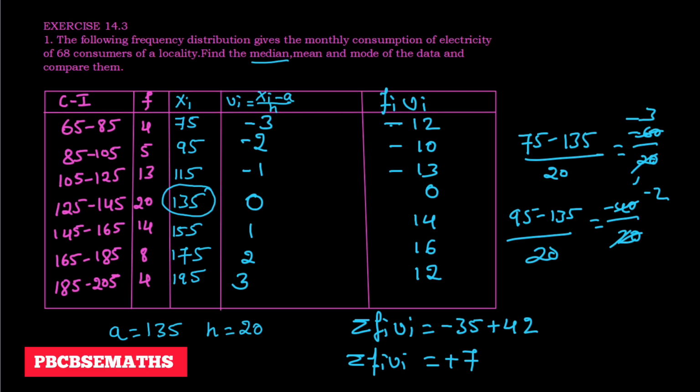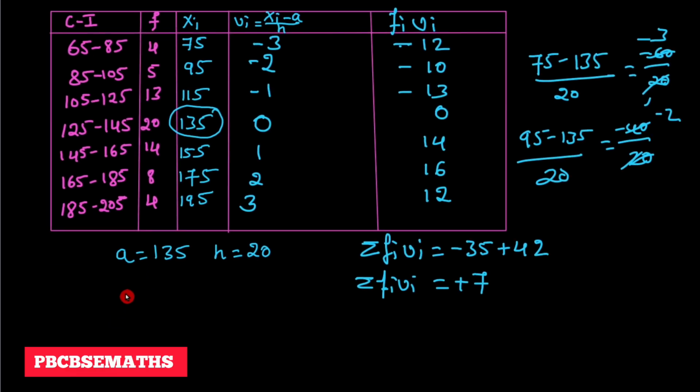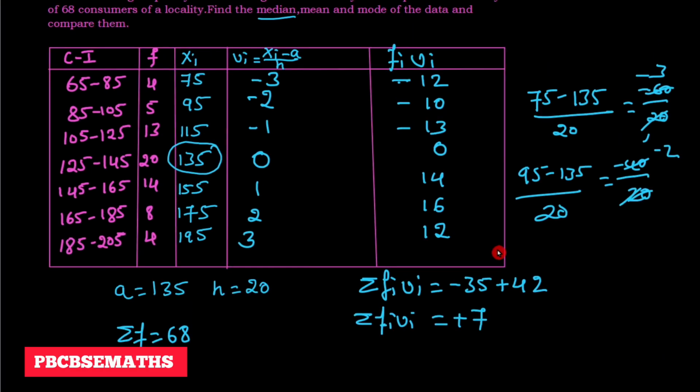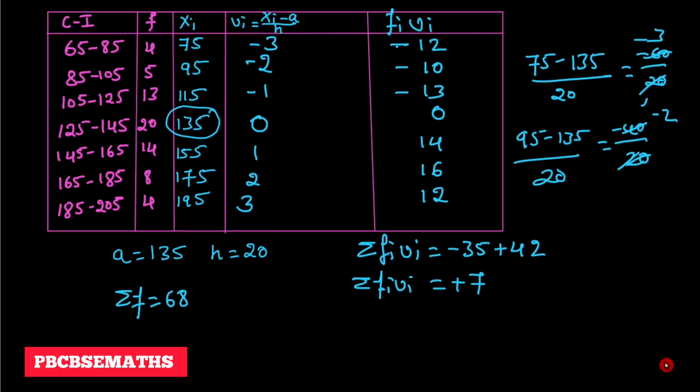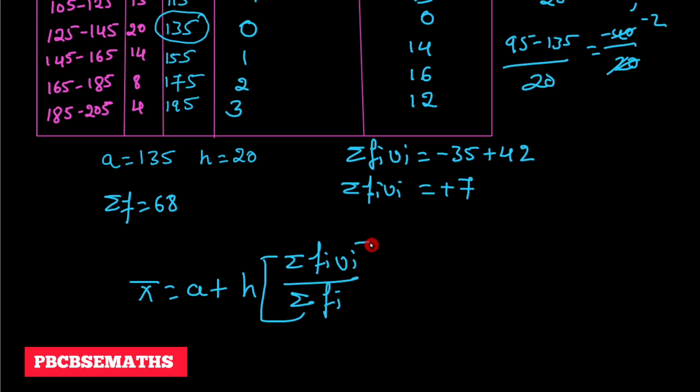And we already know the value of the summation of f, which is 68. It's given in our question only. Now let's find out the mean of this data. The formula to calculate the mean is x bar equals a plus h times the summation of fi ui divided by the summation of fi.